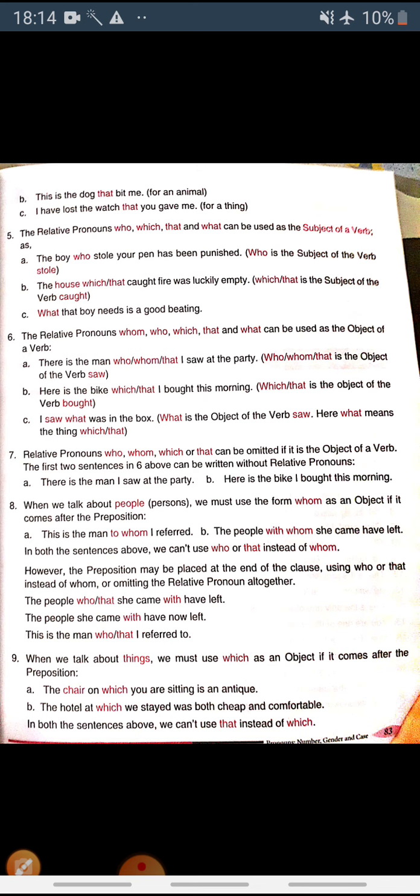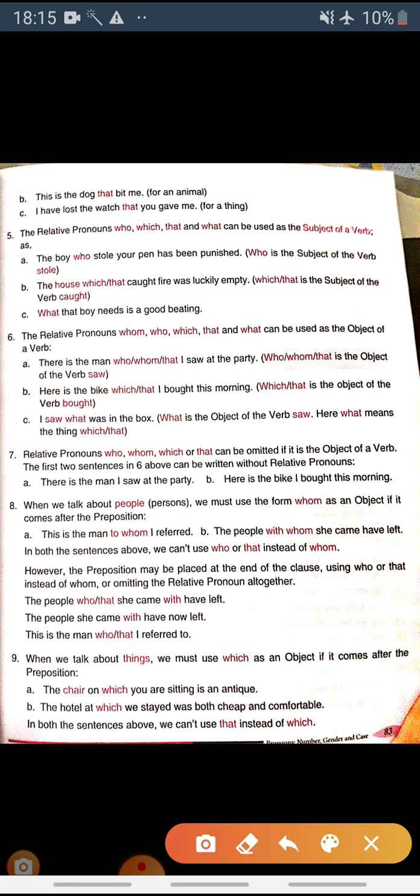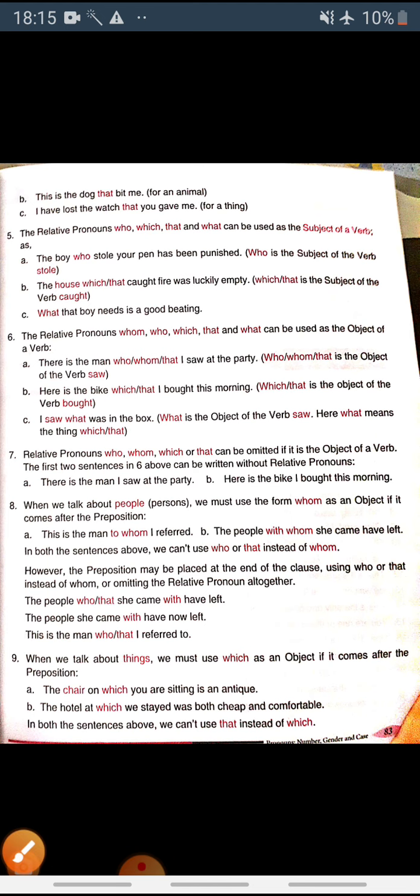Okay, so now here, however, you can see in examples like these: the people who or that she came with have left. The people she came with have now left. This is the man I referred to. Here, you can omit who or that as a relative pronoun.